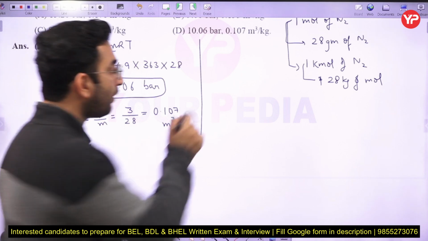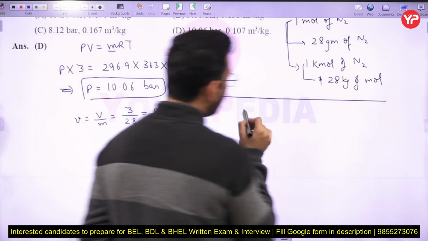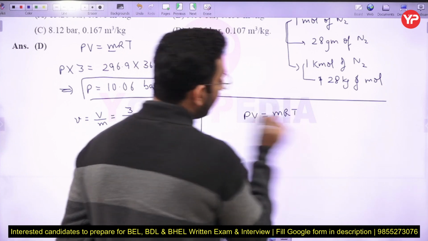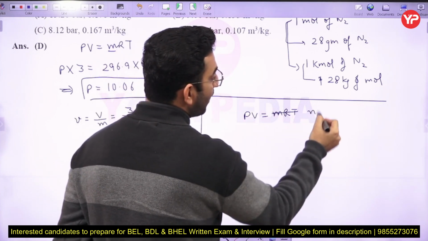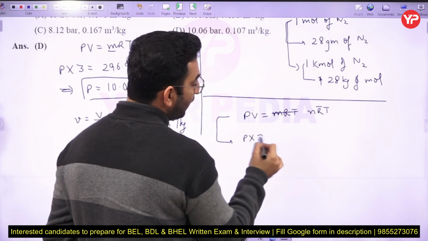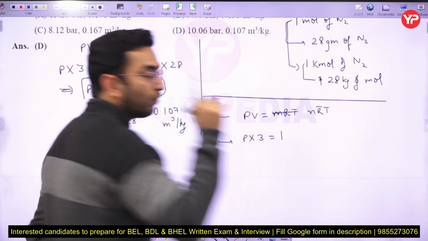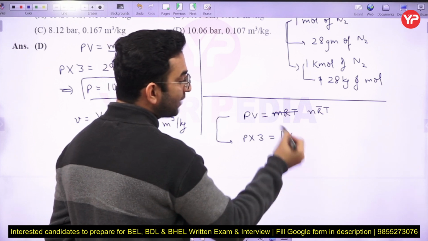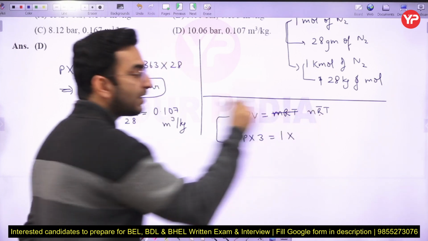Make sure that if you are using the relation PV equal to NR bar T, in that equation you have to specify the number of moles as 1. And if you are putting the number of moles as 1, then you don't have to use the characteristic gas constant.